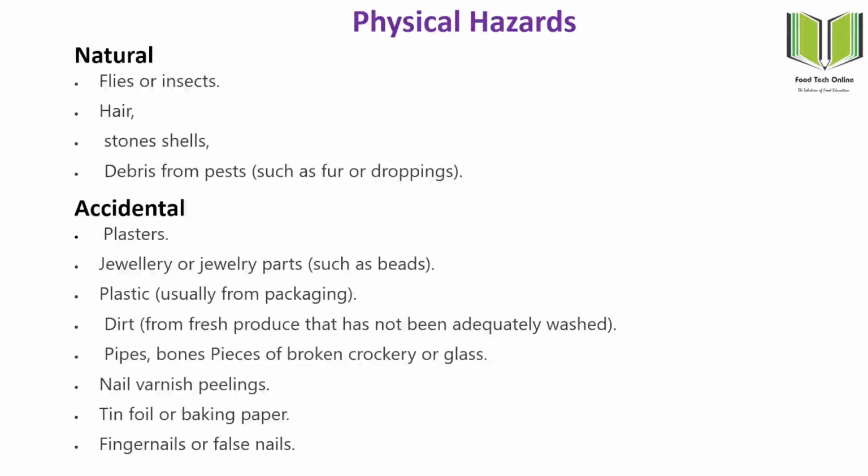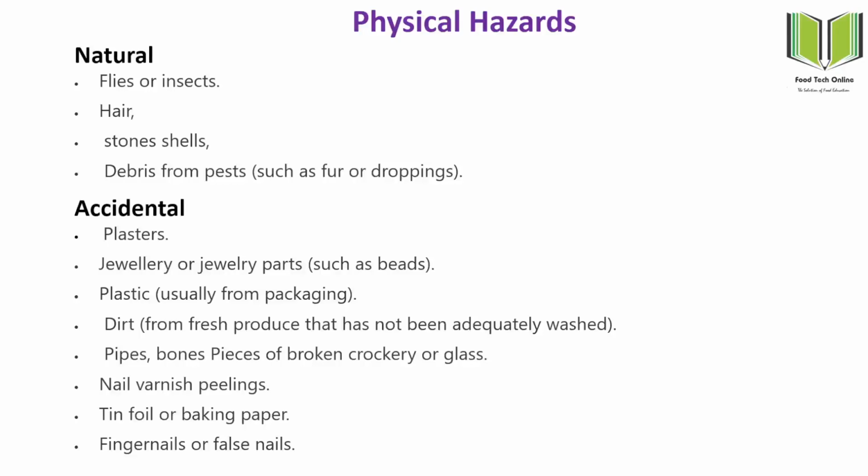Physical hazards, as I told, can be classified as natural, like flies or insects which come, or the hairs, the stones, or debris of the pest. We can also say the debris when wheat is turned into flour: the broken grains or husk of the wheat.